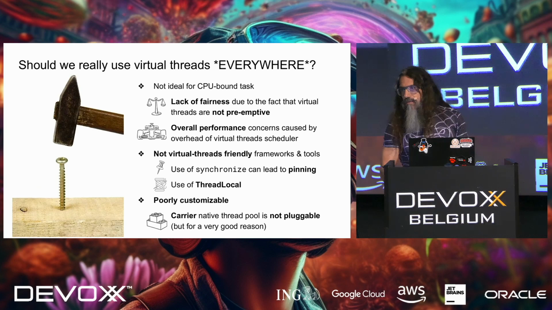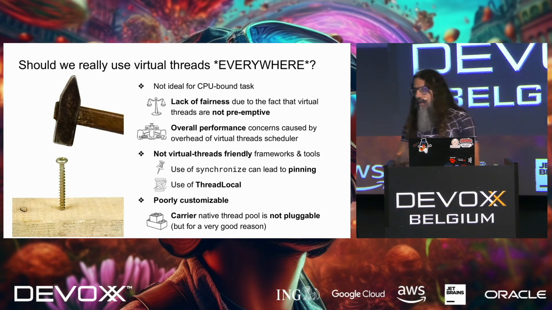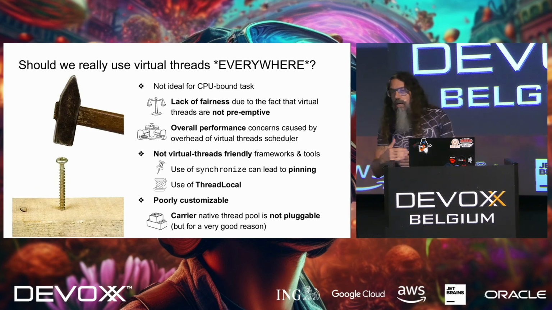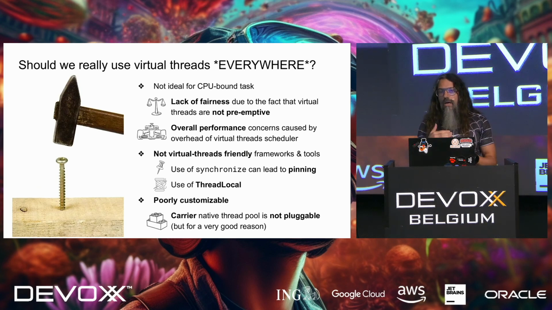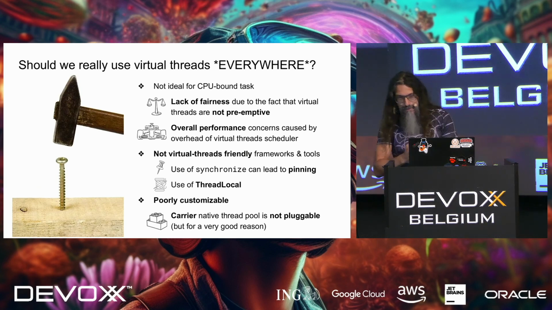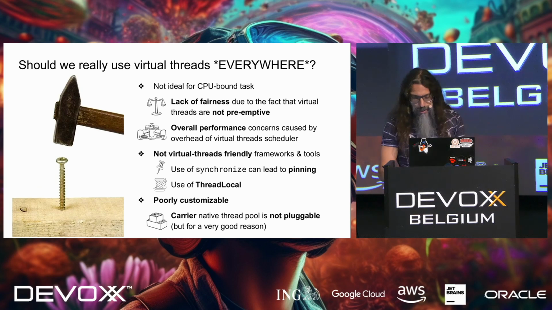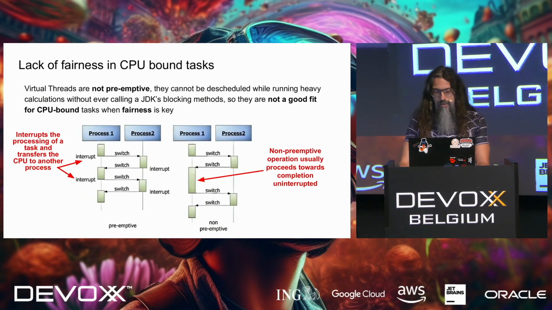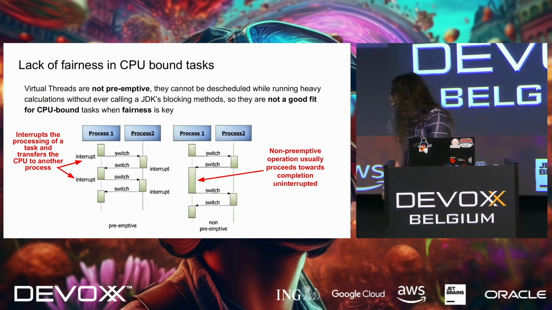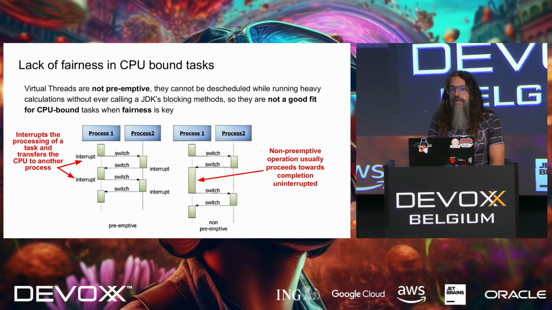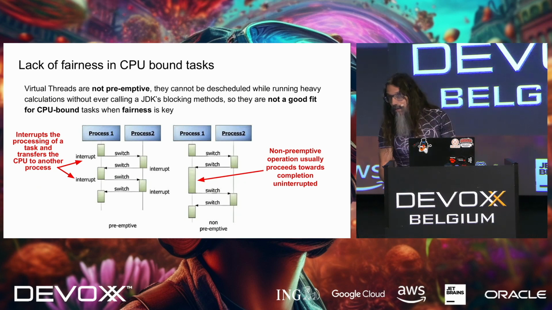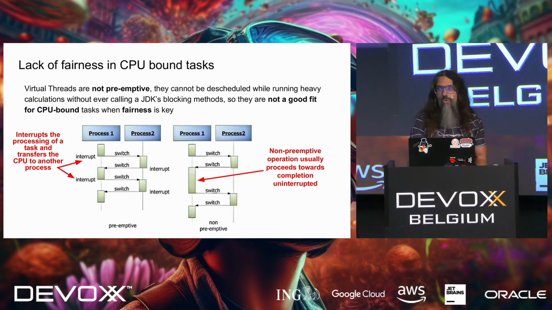And the last thing I mentioned is that the carrier pool is not customizable, but this is also for a very good reason, and I will try to demonstrate why. So the first problem that I mentioned is the lack of fairness, the lack of preemptiveness, which leads to a lack of fairness.